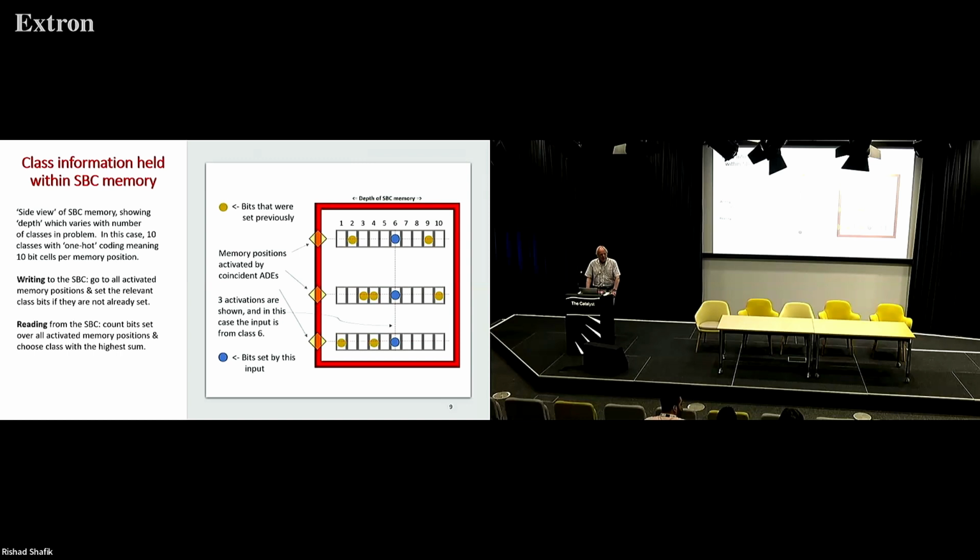And then when we're doing inference and reading from the SBC, all we do is activate the memory in the same way, but now we just count the number of bits that are set across the memory for each class. And the inferred class is the class with the highest count across the whole memory.